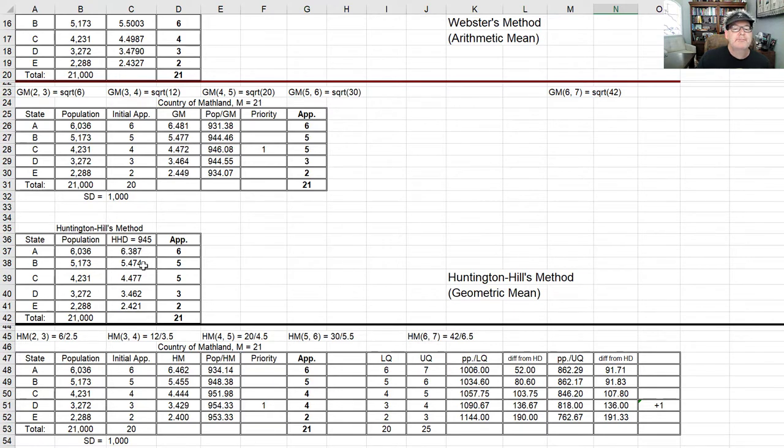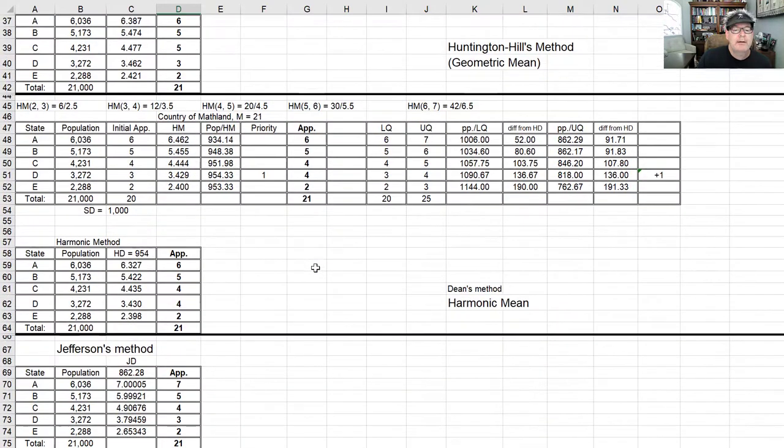So C rounded up, 4.477, and you see 4.472 is where it would round up. And this one rounded down, 5.474, 5.477. So it was really close, but B rounded down with this divisor, C rounded up, and that gave me my 21.